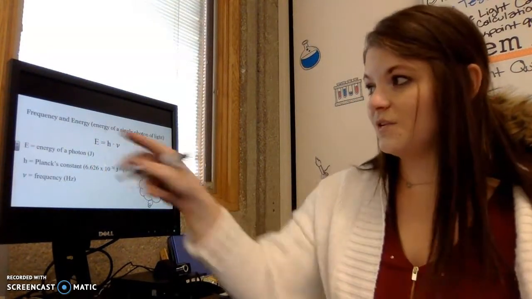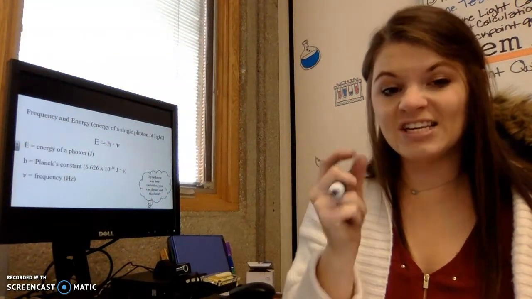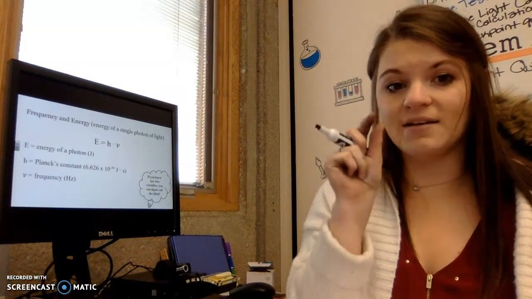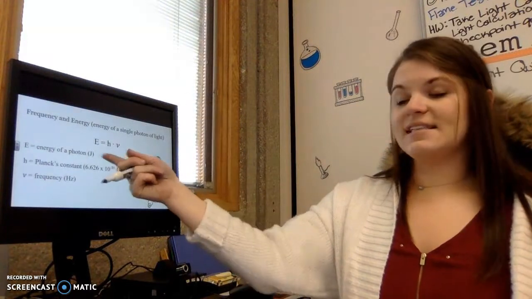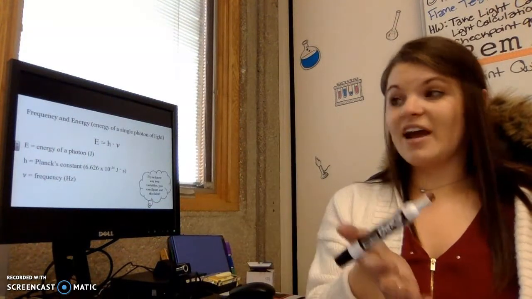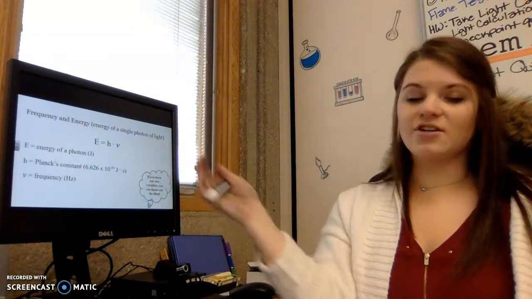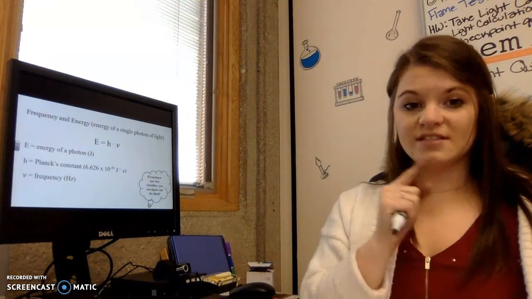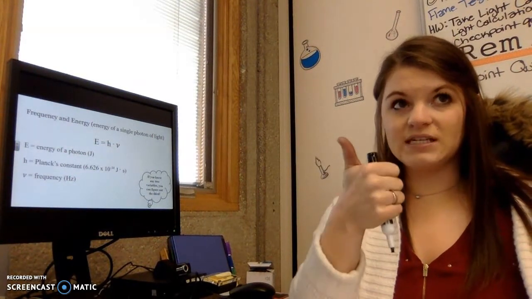When we're talking about frequency and energy, I'm talking about the energy of a singular photon, one particle packet of light. Since that's energy, we know that the unit for energy is joules. So capital E, energy of a photon in joules, equals lowercase h. This is another new constant. So we learned the speed of light, that's capital C.